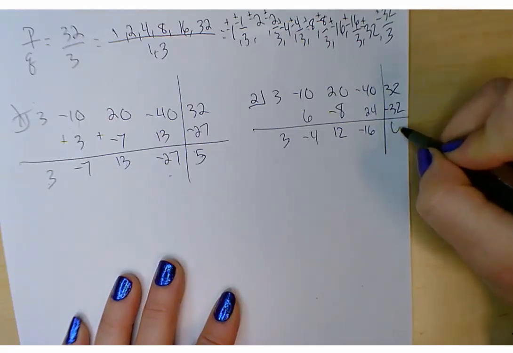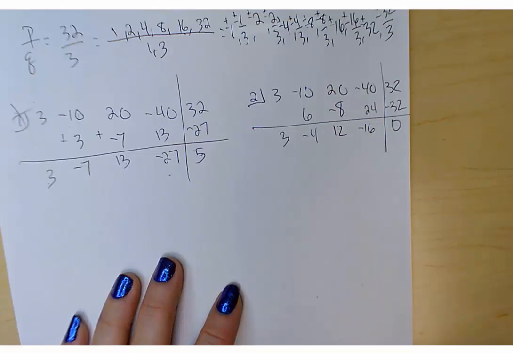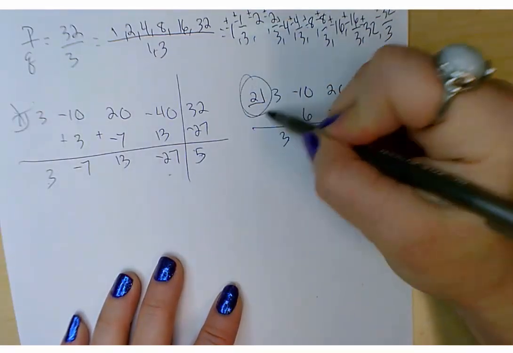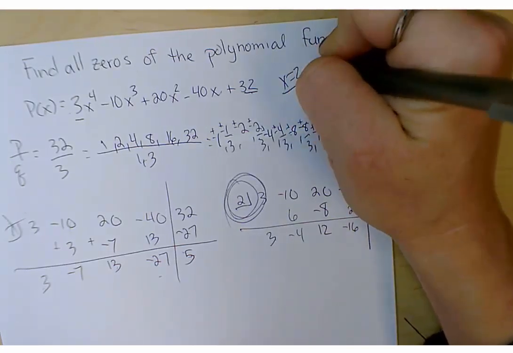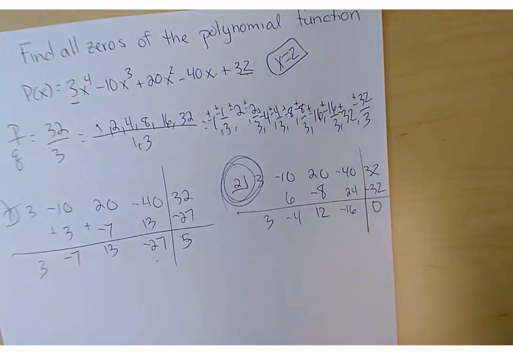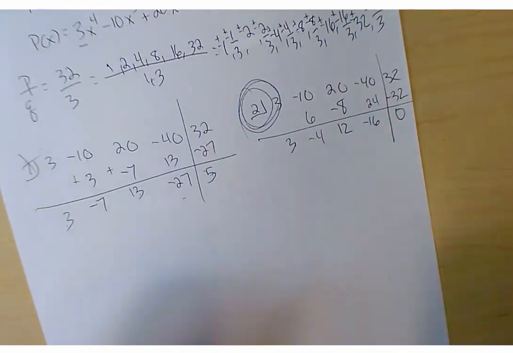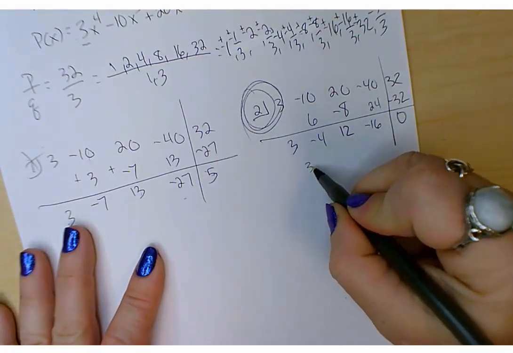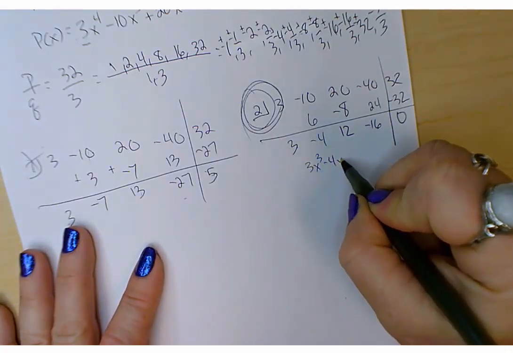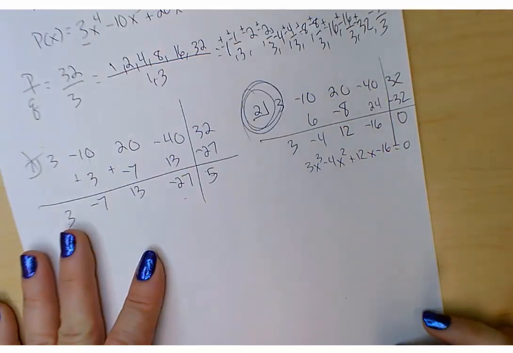When we multiply, negative 32, and we get a 0 as our remainder. That is exactly what we are looking for. That means 2 is a solution. It is a 0. We can say x does equal 2. That means that our cubic equation would be 3x cubed minus 4x squared plus 12x minus 16 is equal to 0.